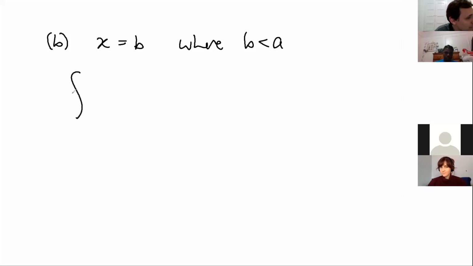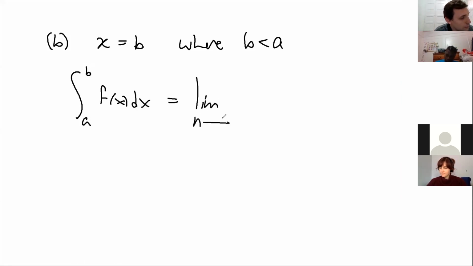The integral, now b is less than a. The integral from a to b of f of x dx is what? Do you remember? It's the limit as n goes to infinity of the summation, k equal 1 to n.